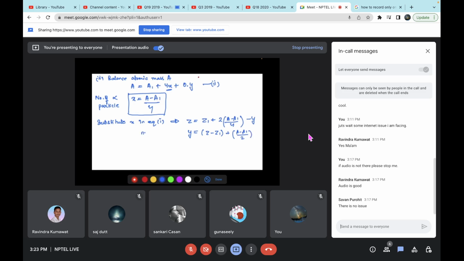This is nothing but the number of beta particles.